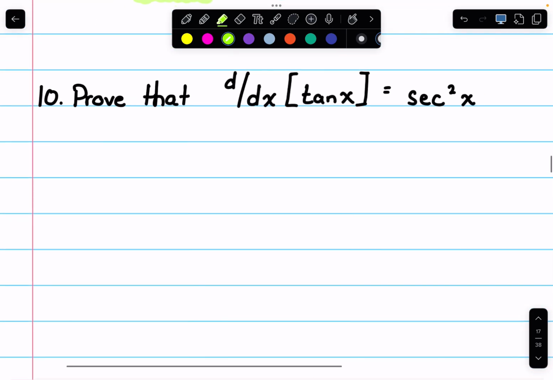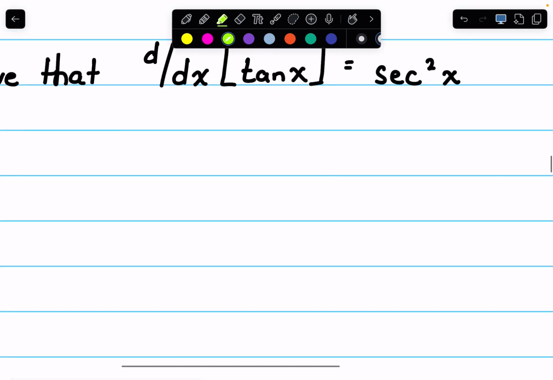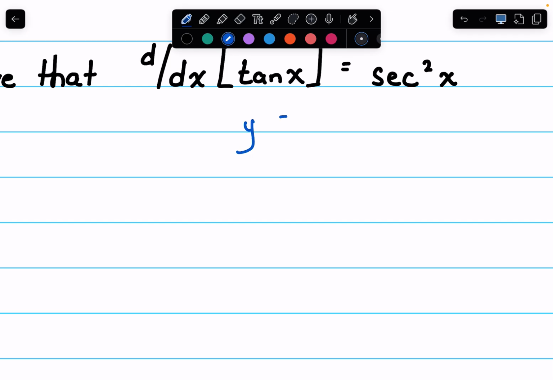Okay, this one's fun. It says prove that the derivative of tangent is secant squared. Okay, so we're going to have to do a little bit of some algebra and some trig. It's going to use some of our trig identities. Okay, so if we're thinking about tangent, how can we write tangent but use words like sine and cosine?